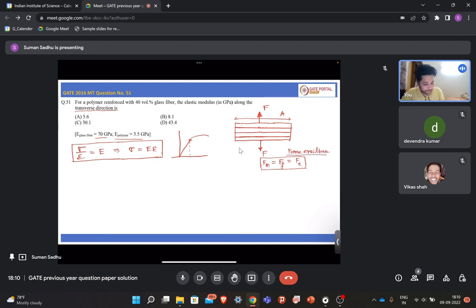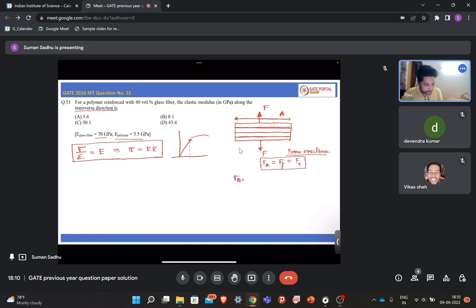Now also we can see, if we are loading in the transverse direction, this area A is the same for the matrix part and for the glass fiber part. So if A is the same, then what will be the sigma?